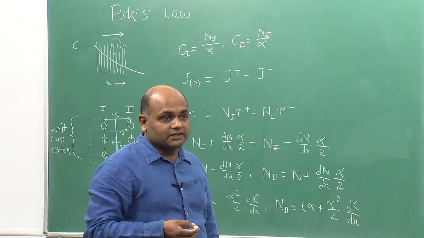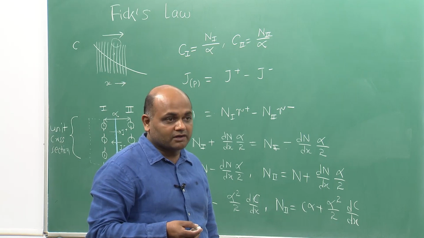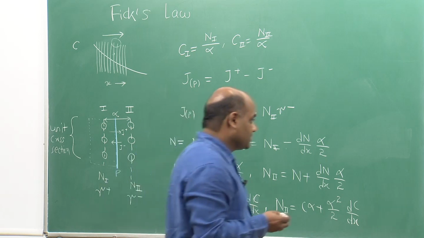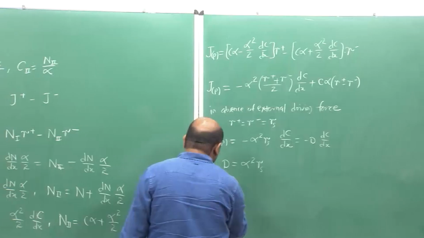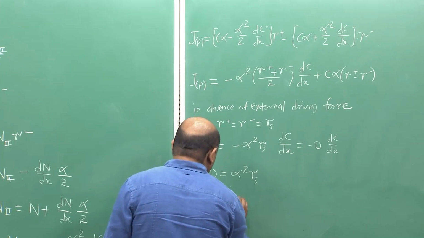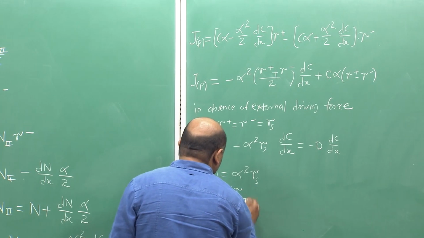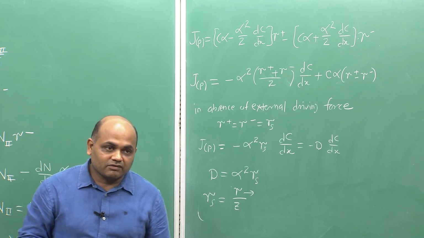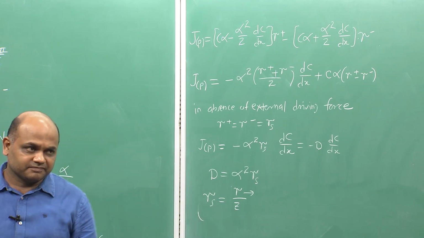In any crystal lattice, how many sides are available for an atom to jump? Coordination number z, right. So, we have gamma s should be equal to gamma by z, where gamma is the successful jump frequency of an atom in any direction.